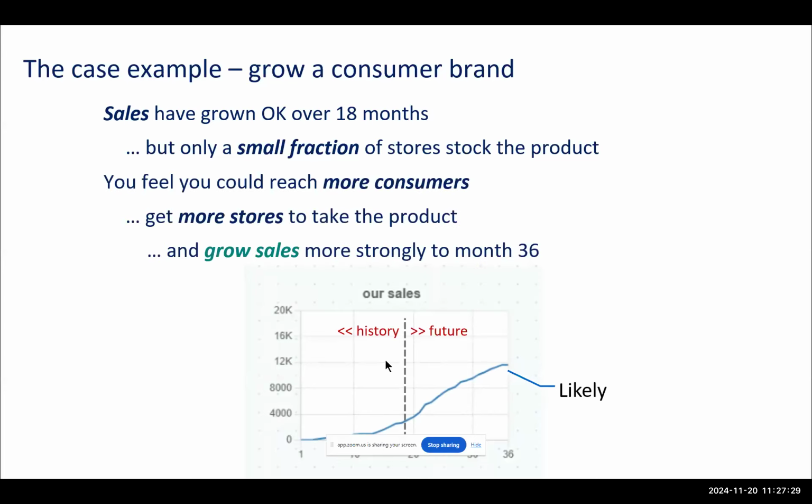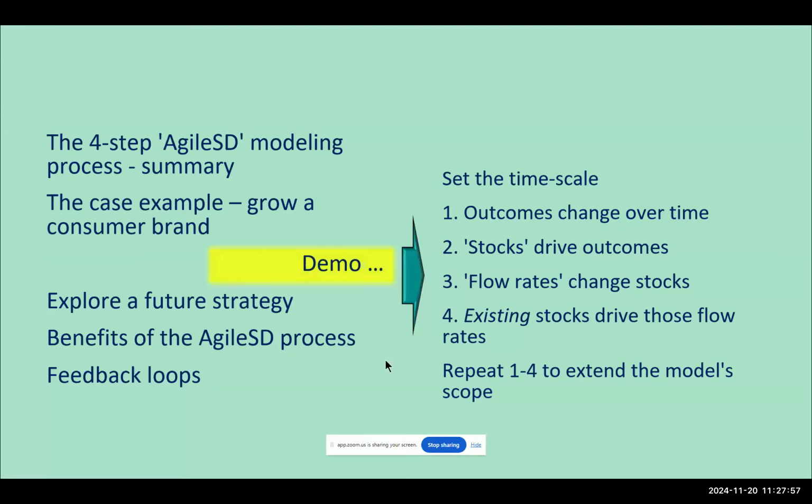But you feel you could reach more consumers and you could get more consumers to take the product and grow sales more strongly to month 36. So that the kind of green dashed line in that chart shows what you'd like to see happen and what you think could happen if you do all this well and get your strategy right and do the right things. We're going to examine just one strategy option here when we get towards the end of all this.